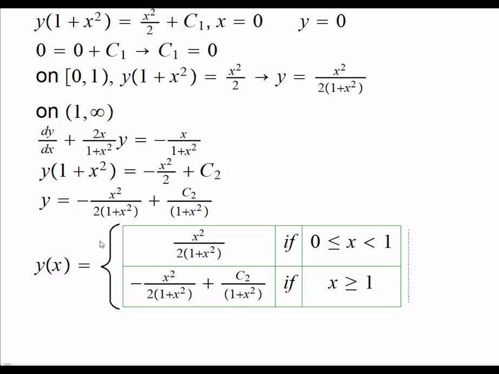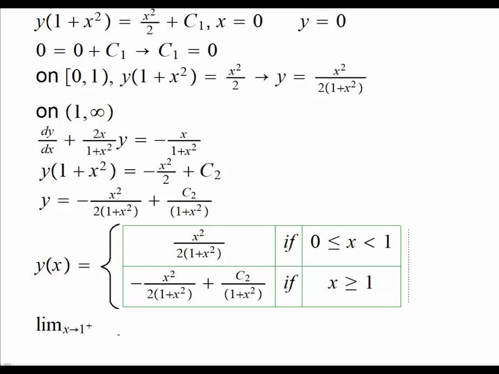Since we had a jump discontinuity in there, if we want to see if we can make it continuous, what we may do is compute the limit of y as x goes to 1 from the left. Okay, so here we are.